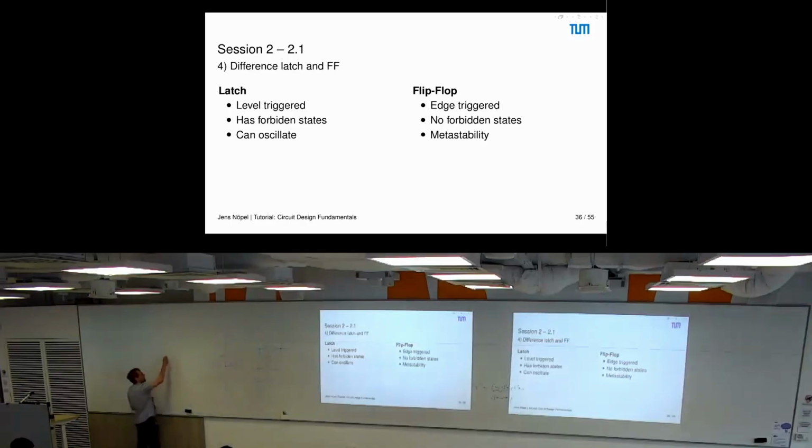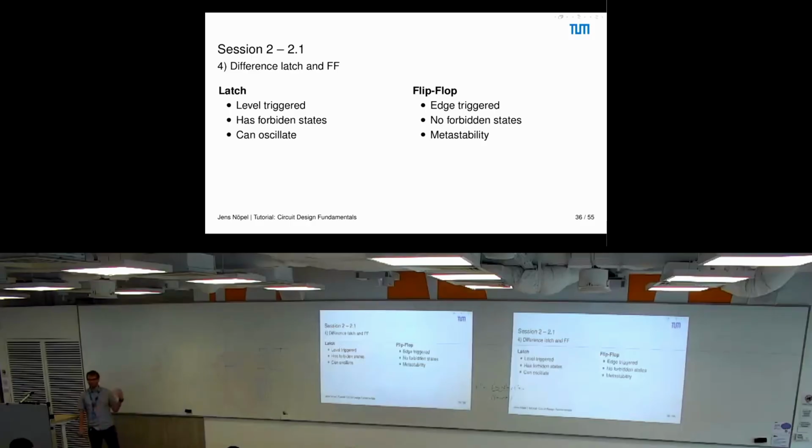If you then have a look at the input and output voltages, V in and V out, usually you get curves that look something like this. For a low V in, you get a high V out, and for a high V in, you get a low V out.